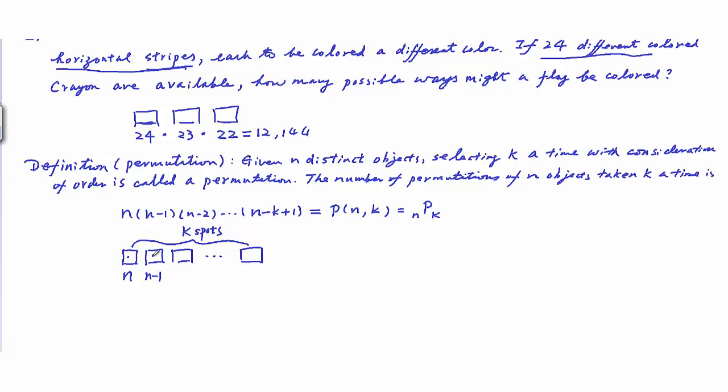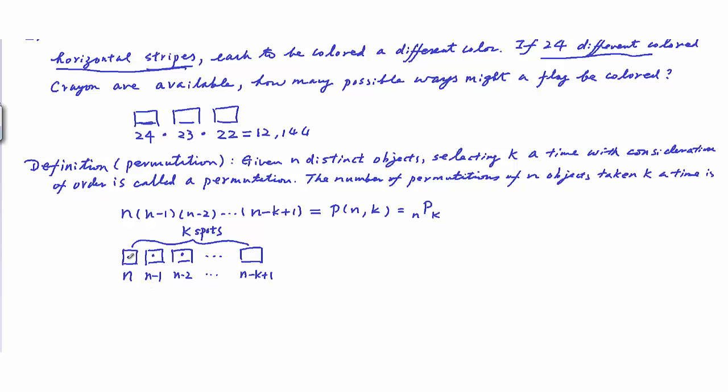When you finish the second spot, you have n minus 2 objects for the third spot, and so on. When you get to the kth spot, you have n minus k plus 1 objects.